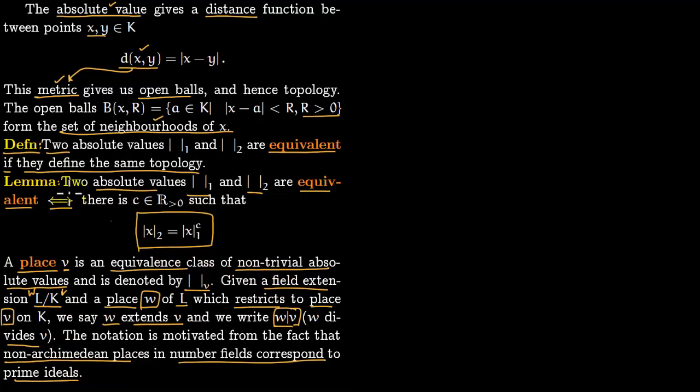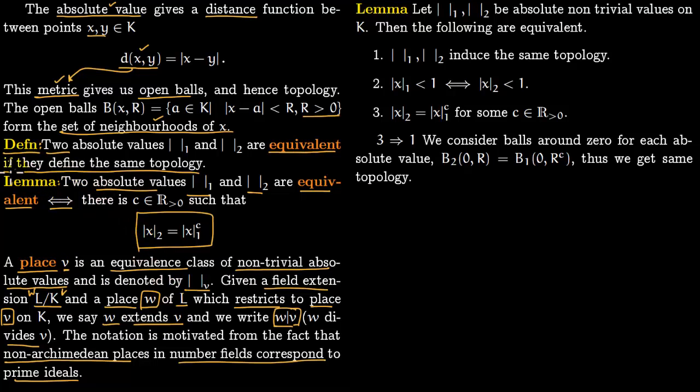Now we come to the proof of this lemma, and we are going to rewrite this lemma in more detail. Say you have two absolute values 1 and 2, and both of them are non-trivial. Then the following statements are equivalent. Number 1, they induce the same topology.